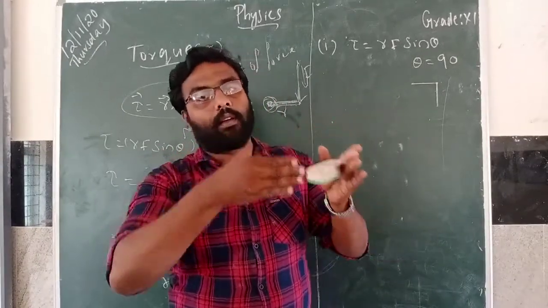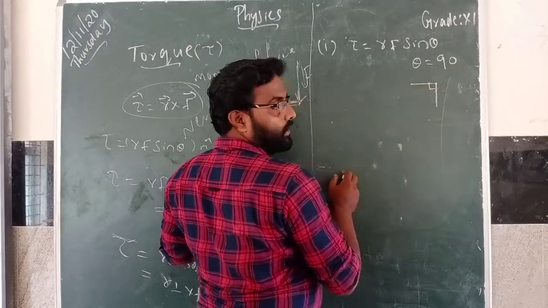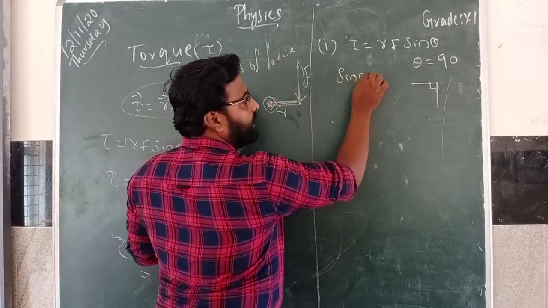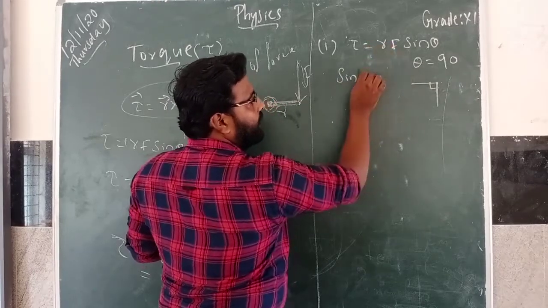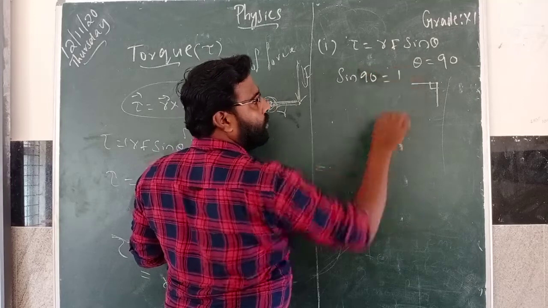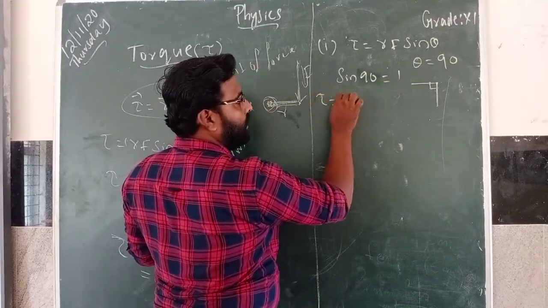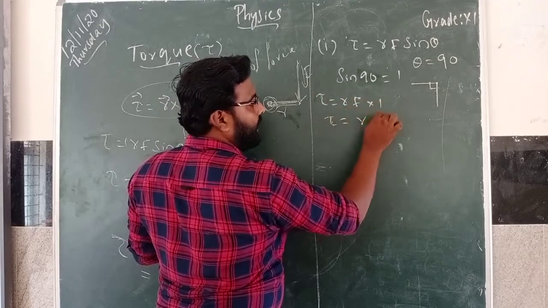So theta is equal to 90 degree. When theta equal to 90 degree, sin theta is equal to what? Sin 90 is equal to 1. So torque is equal to RF into 1. So the torque will be RF.